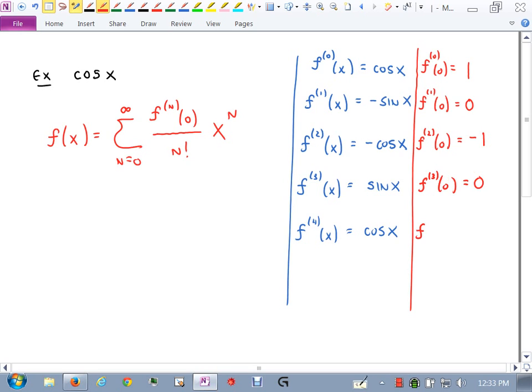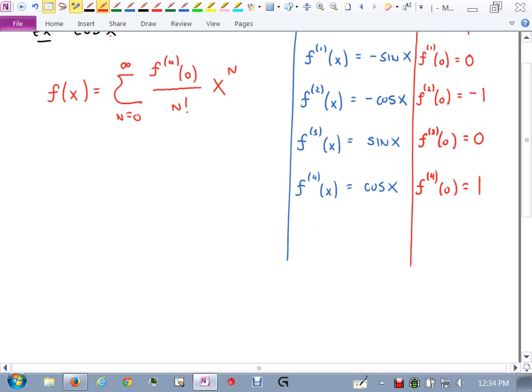And then on the fourth derivative, we start the pattern over, don't we? We get 1. And then this will keep repeating itself, right? So it goes 1, 0, negative 1, 0, 1, 0, negative 1, 0, 1, negative 1, 0, right? It just keeps going like that. All right? Questions?